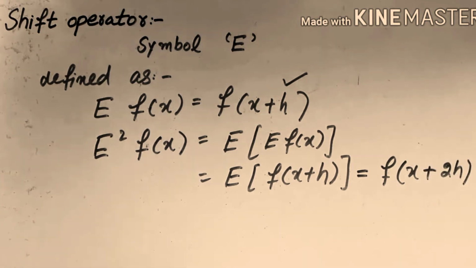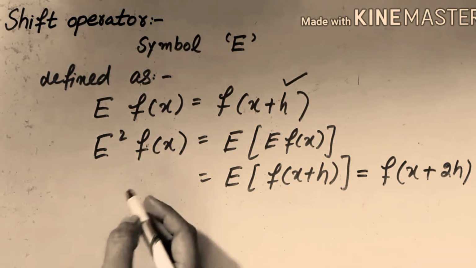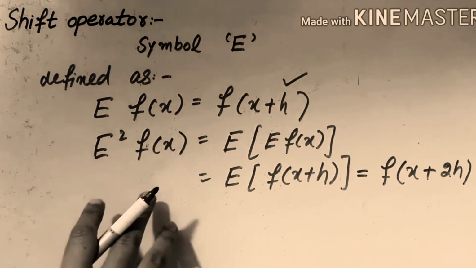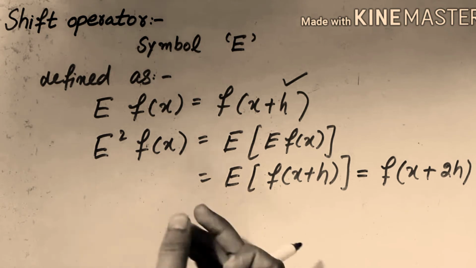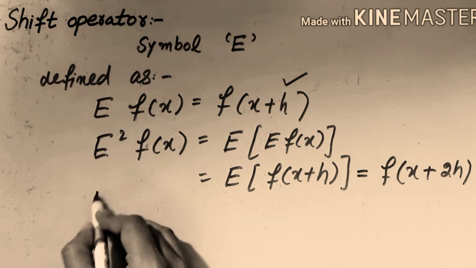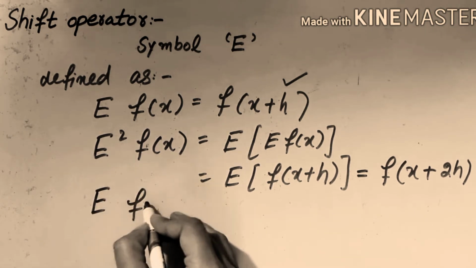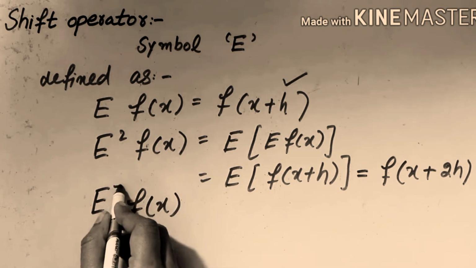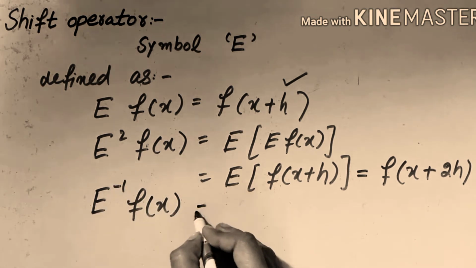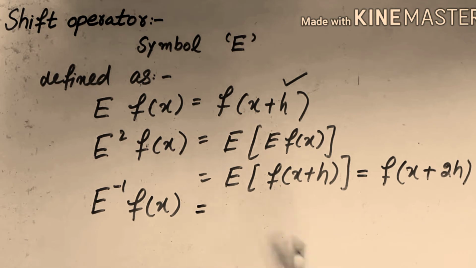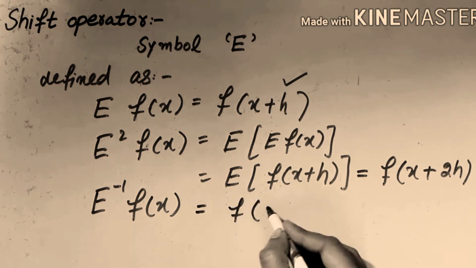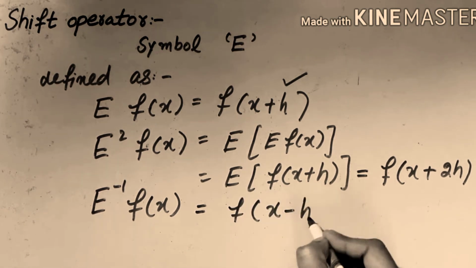That's how it works. In the same way, if you apply a shifting operator on a function, there can also be a decrement. For example, if we apply the inverse, E to the power negative 1, there is a decrement by 1 unit, like f of x minus h.